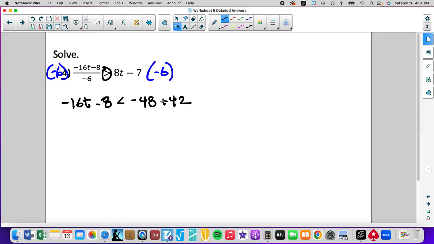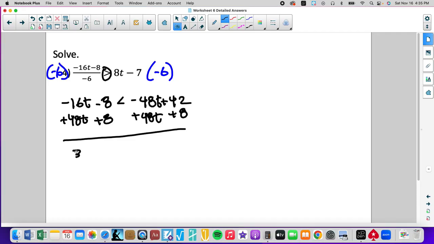Let's move the 48t over, and we'll move the 8 the other way just for fun. That gives us 32t is less than 50.